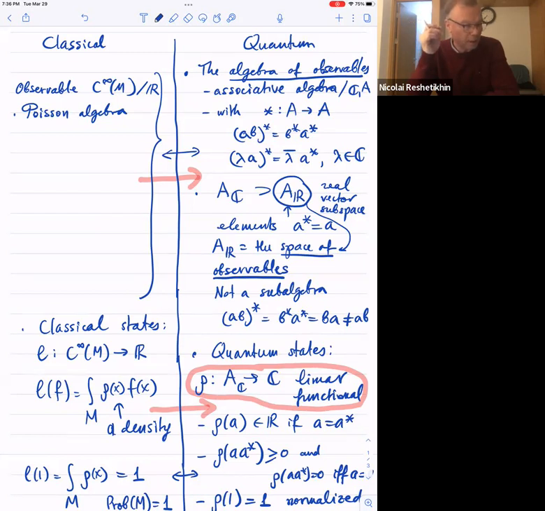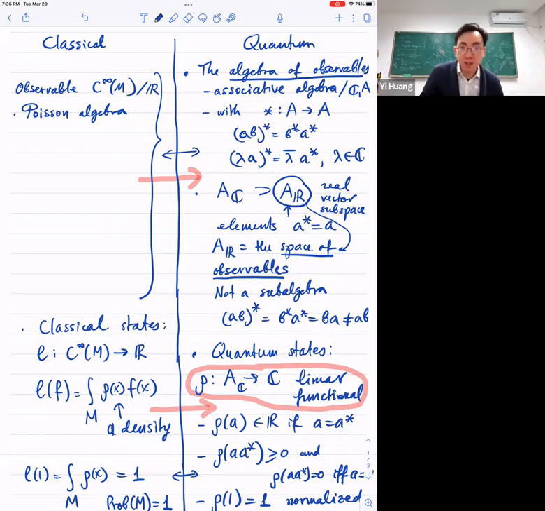Roughly speaking it is because the operator d/dx is not Hermitian; it's anti-Hermitian with respect to the usual L2 product. It's i d/dx that's Hermitian. So that's roughly speaking why. All right, thanks.